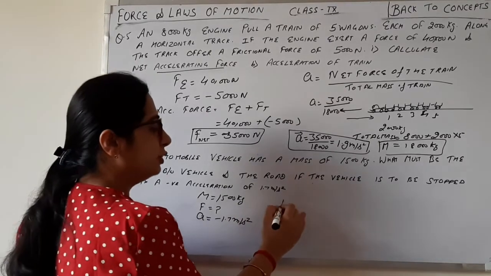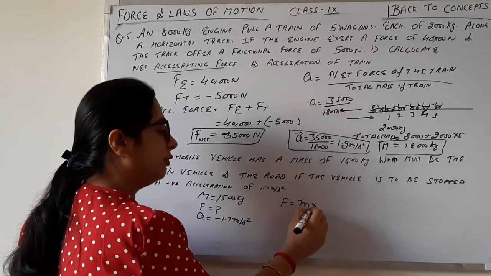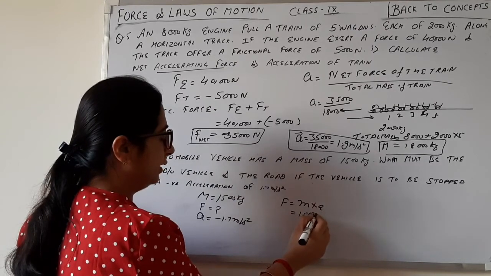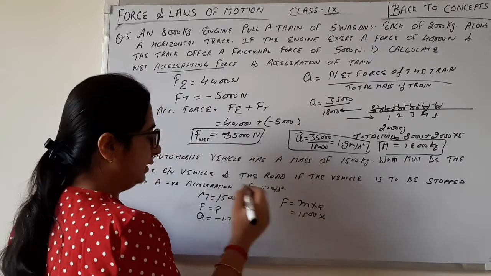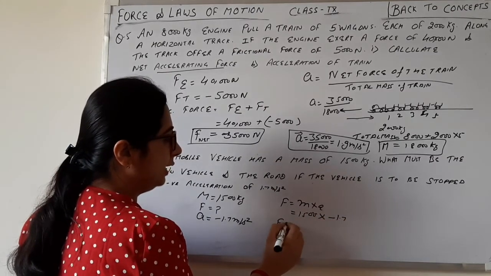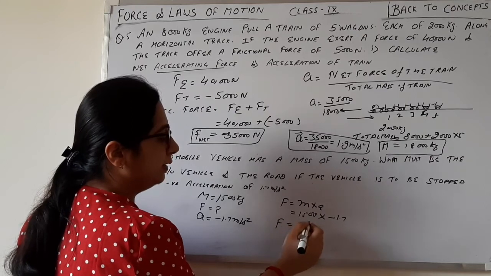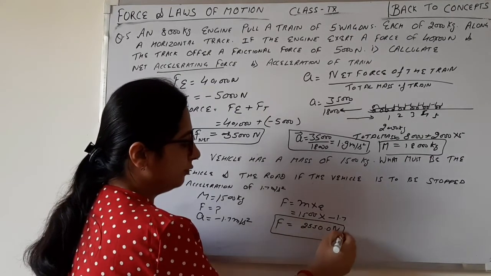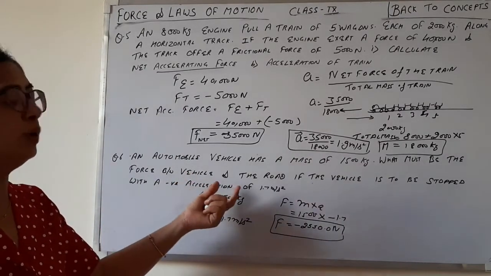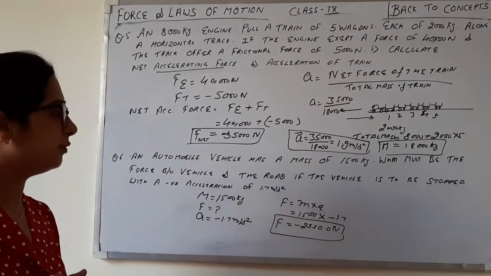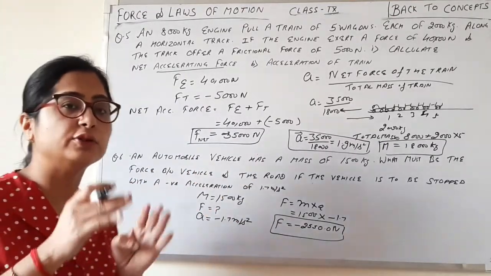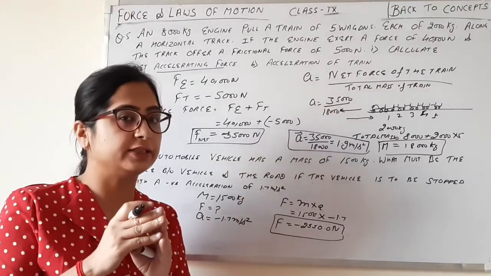So what's the force according to Newton's second law? F is equal to ma, and what is the mass? 1500 kilogram, and what is the acceleration here? -1.7. So net force is negative Newton. Here the force is also negative because the road is applying frictional force to stop this vehicle, and the frictional force always opposes the direction of motion.